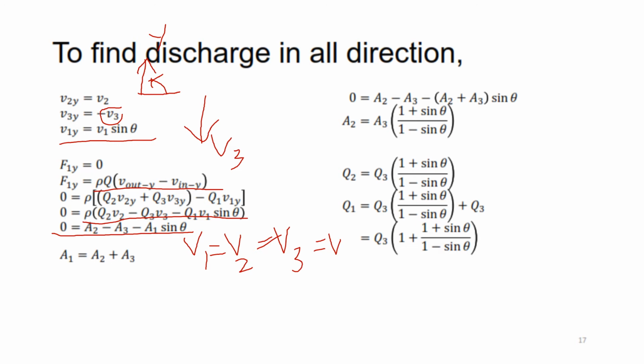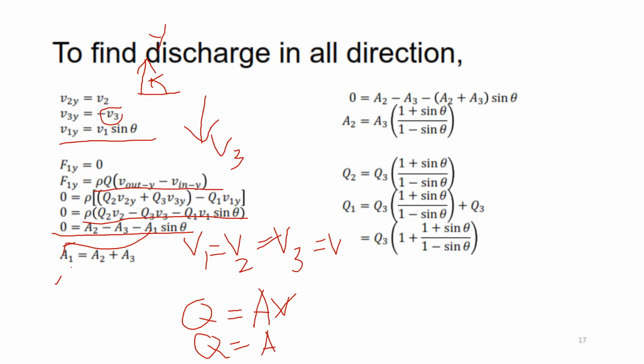Okay, and then we already considered the V is still the same. So the formula is Q equals AV. V is considered the same, so we get Q equals A. So we have A1, we bring it to here, so it becomes positive.